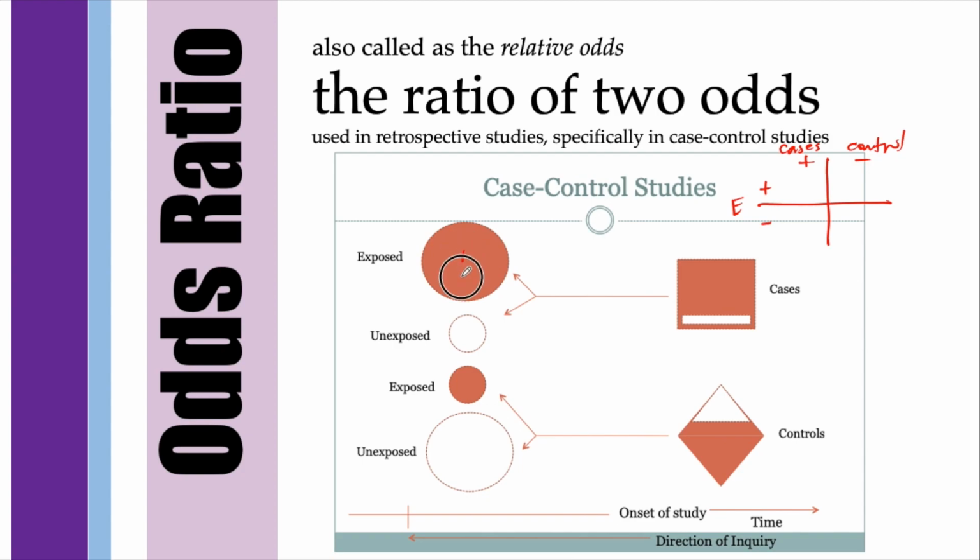So given this, let's say this is your A, exposed and positive, then that is A. And then let's say this is your B, these are the ones exposed who do not have the disease. And this is your C, positive of the disease but not exposed. And this is your D, those who do not have the disease and not exposed.